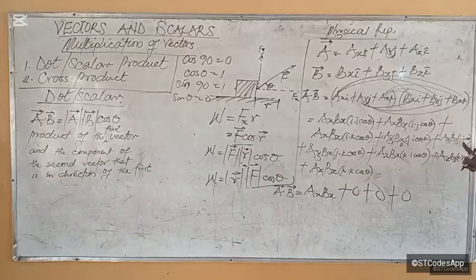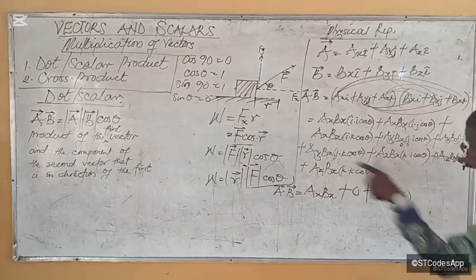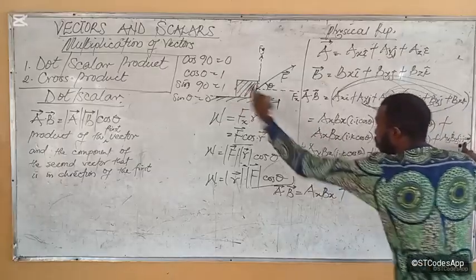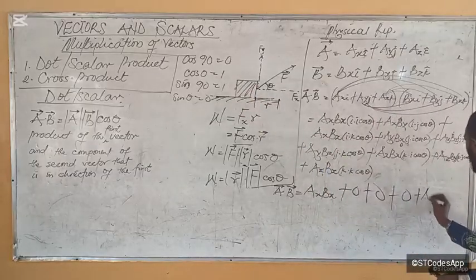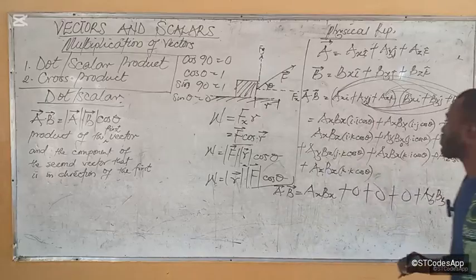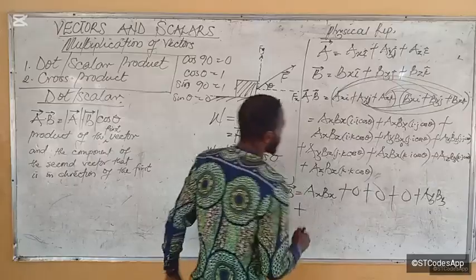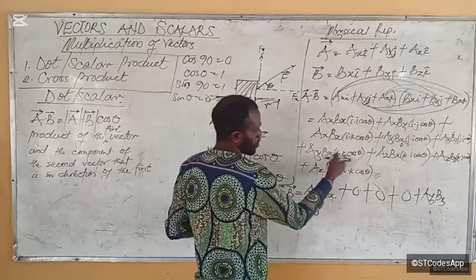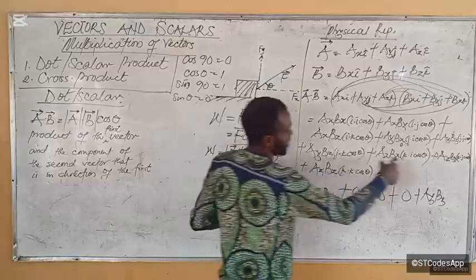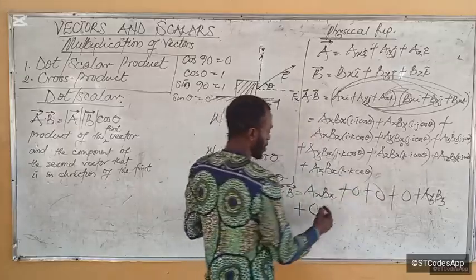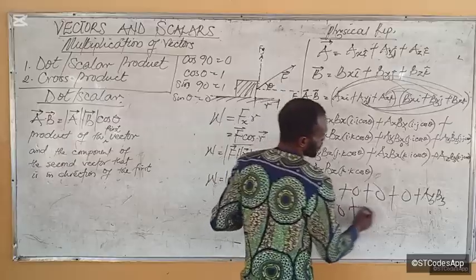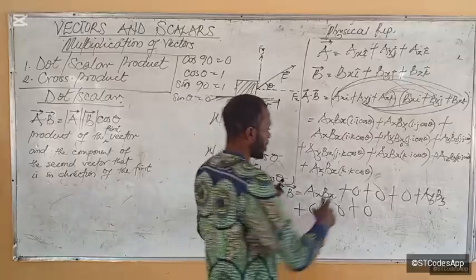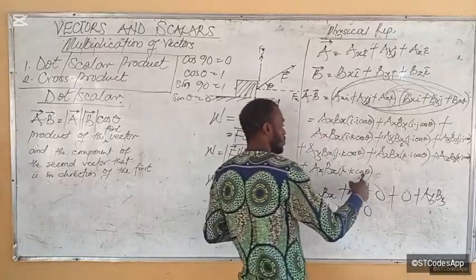This guy now, J dot J, the same angle, they are going in the same direction. Since they are going in the same direction, angle between them 0, cos 0, 1. So this becomes plus AyBy. Then plus, for this guy, AyBz, JK 0, because 90 is between J and K. KI 0 again, because 90 is between K and I. Plus KJ 0 again, because 90 is between K and J. Then K and K 0 degrees, cos 0, 1.